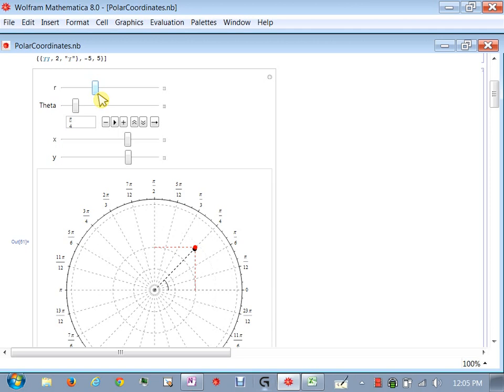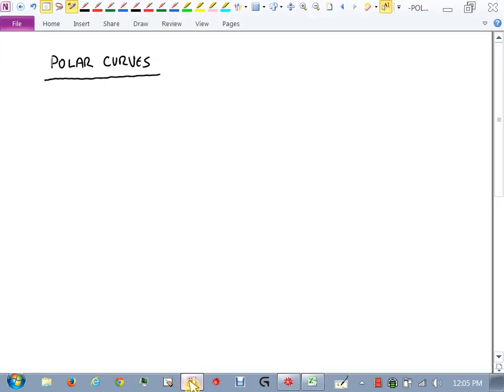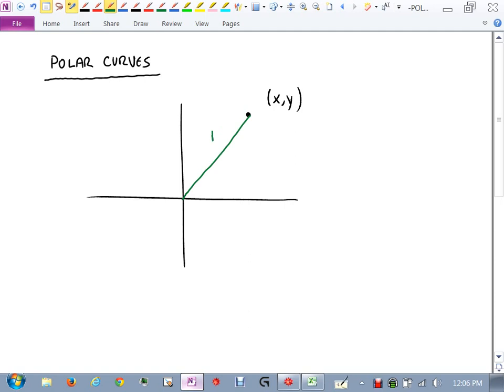All right, so for every point in Cartesian, there is a corresponding point in polar coordinates. And so there is a relationship between these two, and here's the relationship. If I have a point, xy, I can always draw a line to it, which creates a radius. I'm not on the unit circle anymore, so I'm going to call that r. And I always have some angle that corresponds to that.